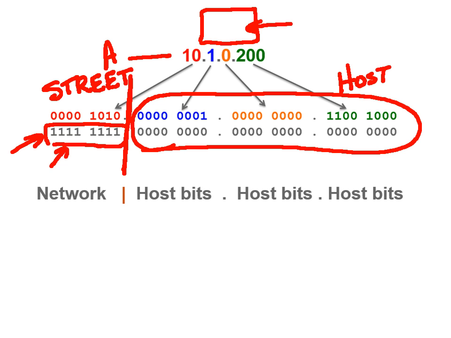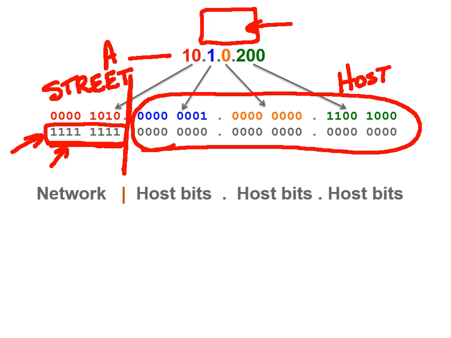So we could say this several ways. We could say that a Class A address uses the first octet or first number of the IP address as the network, and the last 3 octets, or the last 3 numbers, are used for individual host or house addressing on that common network. We could also say that the default mask for a Class A address is that the first 8 bits are on in that mask.